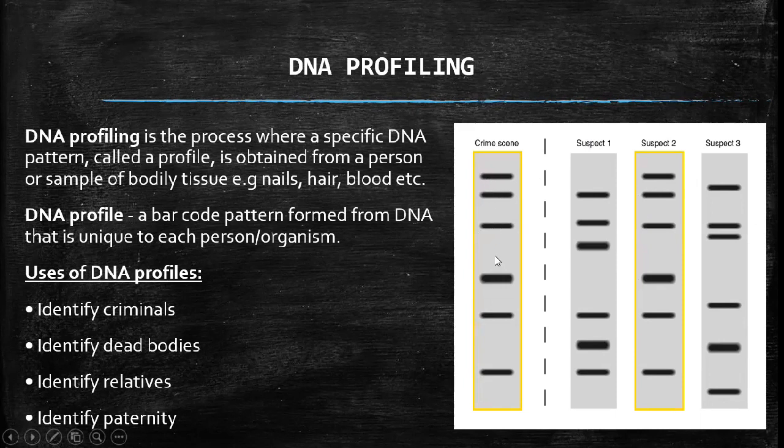So what you need to do, you need to look at these bars here, this barcode, the entire barcode. Now, as you can see here, suspect number 2 is the one who committed the crime. So that's the person that has to be arrested by the police, because the DNA profile found on the crime scene is similar to the suspect's DNA that was found from the sample from the suspect. Okay, look at the bars, exactly the same.